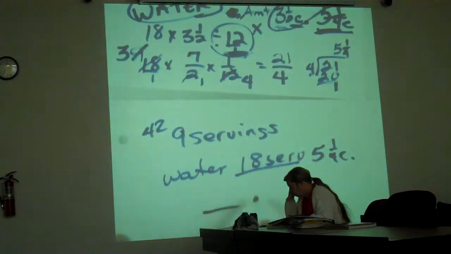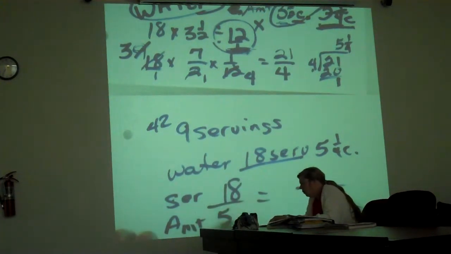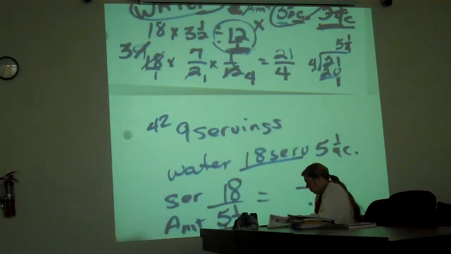So you're going to set that one up the same way. Servings, amount. 18 servings, 5 1/4. So 9 servings is what? Okay. And you know what? You could either set it up like this, or you could just divide it by 2. Because 18 servings is twice as much. If you want to do 5 1/4 divided by 2, you can do that.